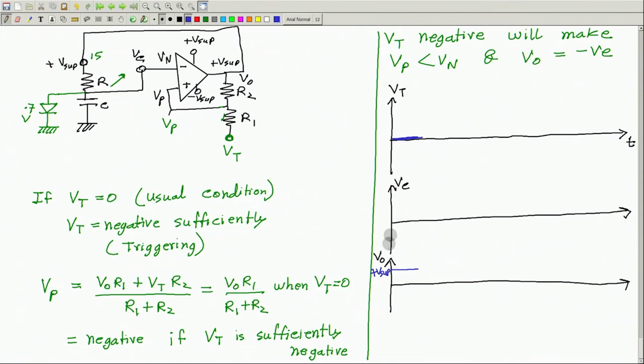Once again, the initial values are just assumptions, you can start from any value you choose. Say I choose Vc starts from this. Okay. So, if it is starting from this value, then this is positive here. So, that means this is positive plus V supply, Vc starting from a negative value. So, it will try to go to plus V supply.